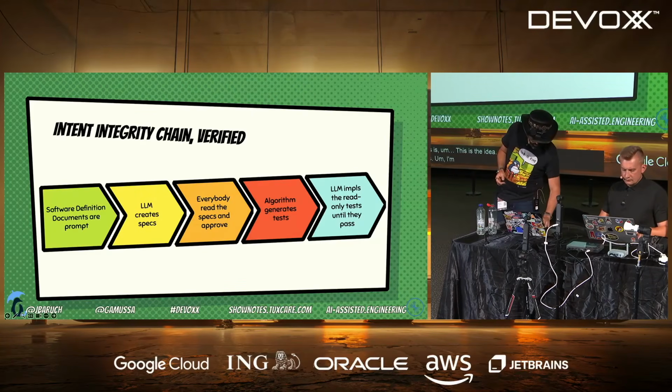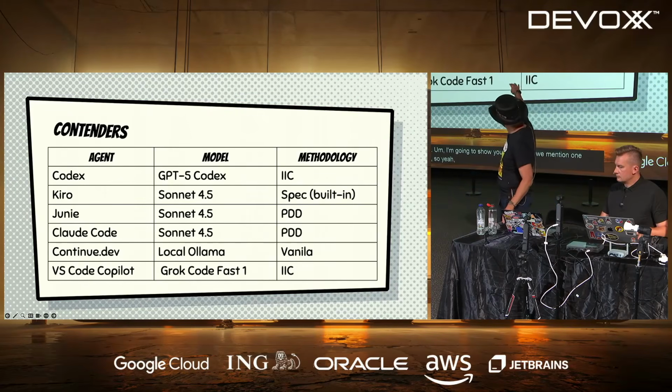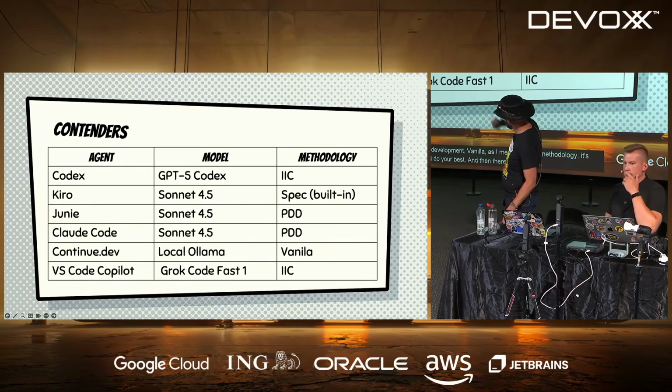I'm going to show you that we mention one more here. So ICC, intent integrity check chain, PDD for prompt-driven development, vanilla, as I mentioned, no methodology, just vibe and do your best. And then there is one more, and that's Kiro.